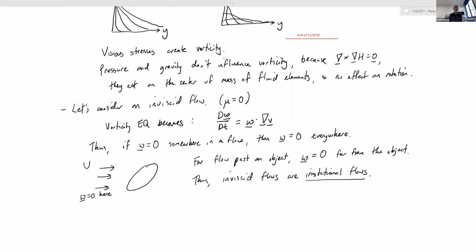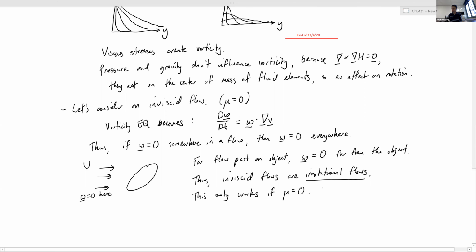Now, that's not true in general. Well, here's what I mean when I say it's not true in general. It's not true in the real world, because in the real world, there's no such thing as a purely inviscid flow, right? Basically, what I'm saying is this only works if your flow is truly inviscid. Right?